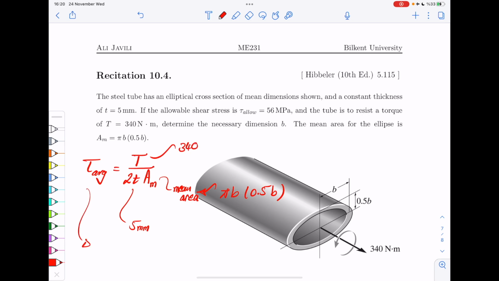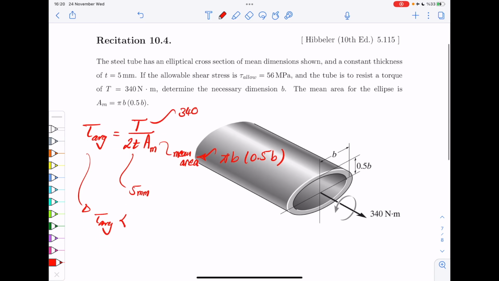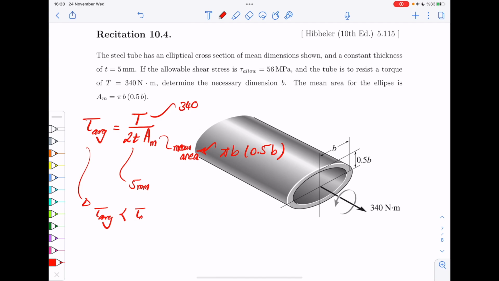We want tau average to be smaller than the allowable shear stress, which is 56 megapascal.